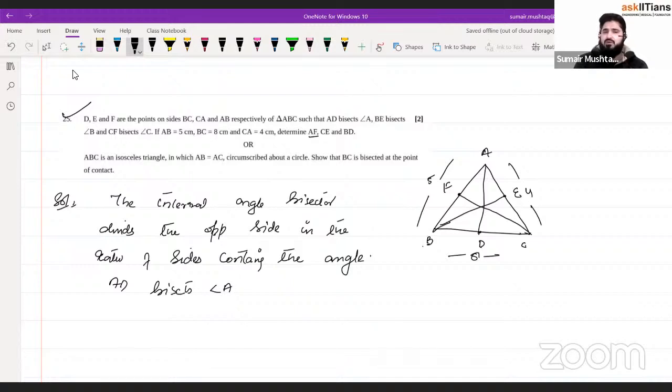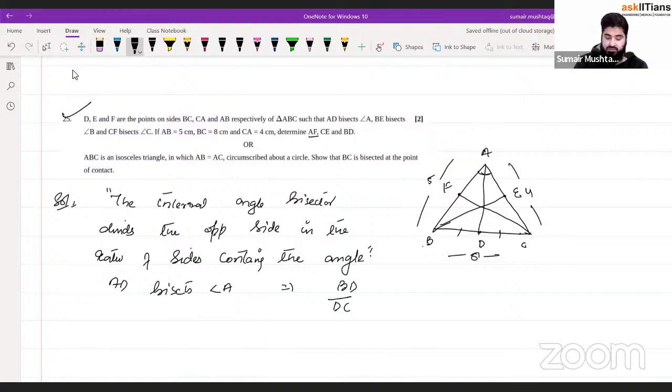How will I apply this term? This term says, since AD is bisecting angle A, BD over DC, it is dividing the opposite side in the ratio of the angle sides containing this angle.